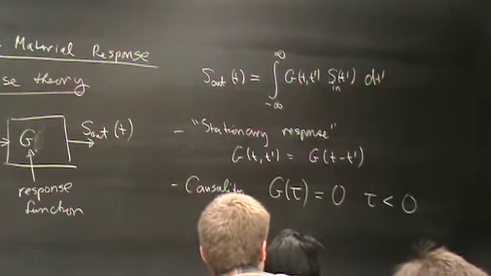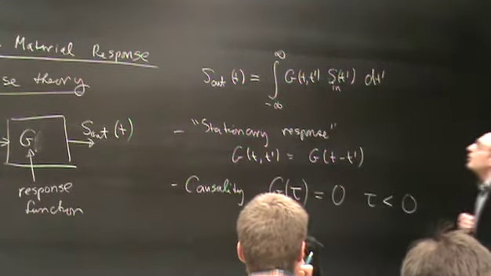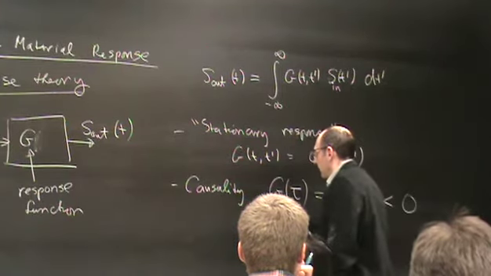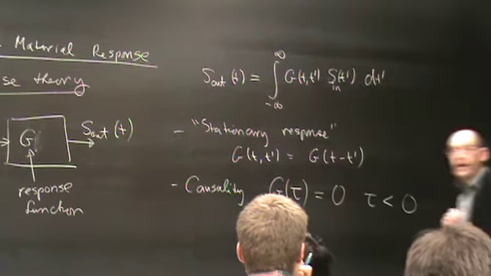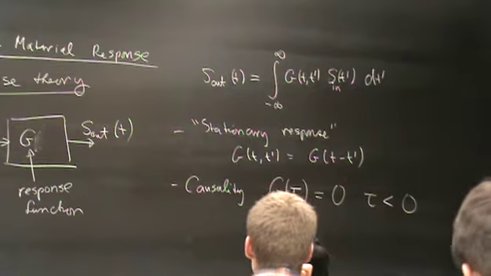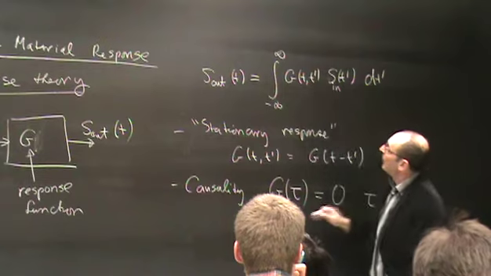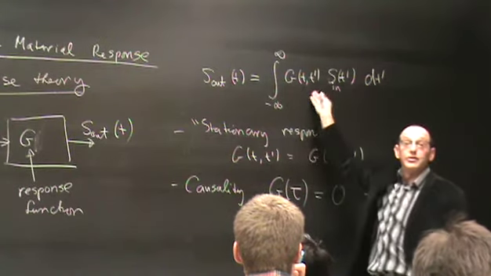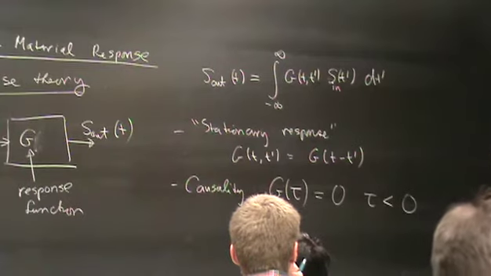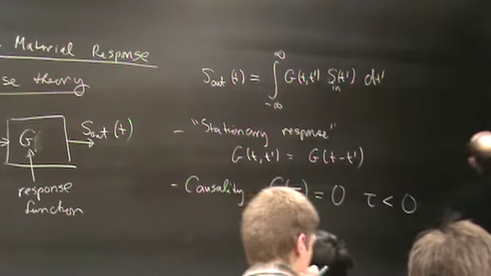Okay. So these simple constraints say a lot about the nature of this response function. In particular, we can see what those constraints are by taking its Fourier transform and looking at its response in the frequency domain. If we look at this in the frequency domain, we have the following.